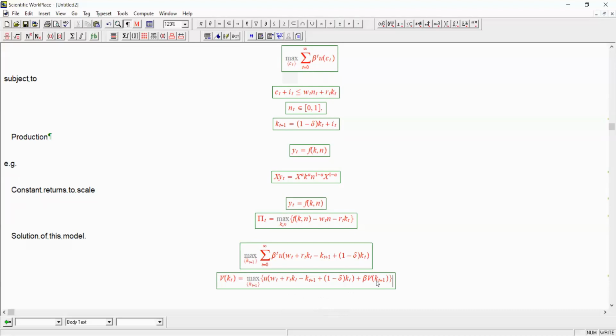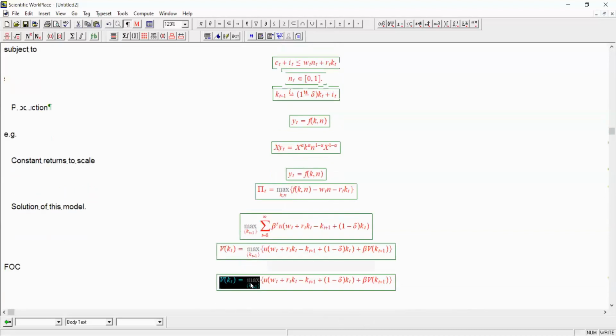There. Now we introduce the first order conditions, which are straightforward. First order condition of this thing with respect to capital, with respect to K_{t+1}, is going to be this times minus 1, which is the derivative of what's inside here with respect to capital.